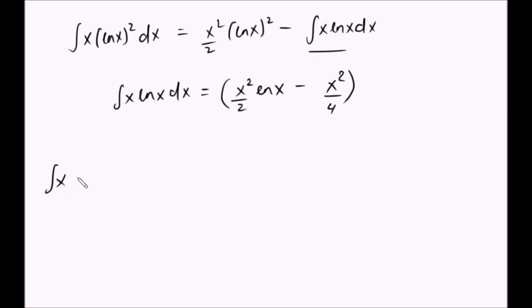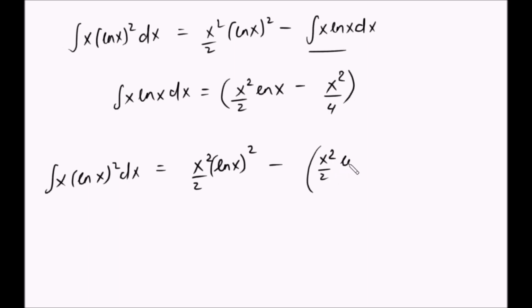So hii swali langu sasa kumbe ni sasa na x squared over 2 ln x, the square of ln x hii hapa minus, sasa napachika huyu sasa ni x squared over 2 ln x minus x squared over 4. Yes, like that one.